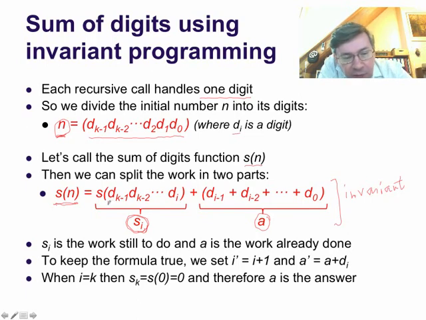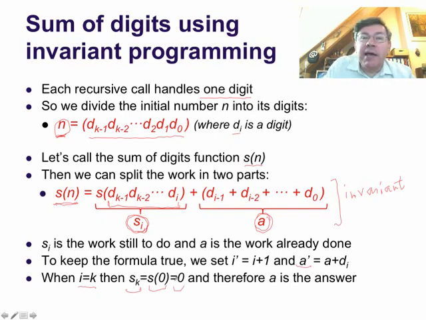So the number inside here will reduce in size. And then the a prime is a plus di, the number increases. And then when i is equal to k, then this number is an empty number, which is 0. So sk is equal to s of 0, which is 0, and then a is the answer.